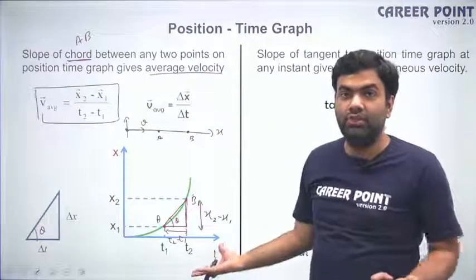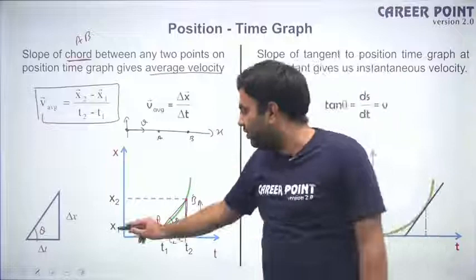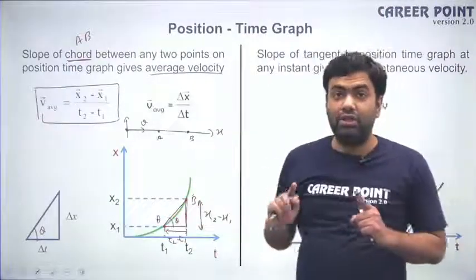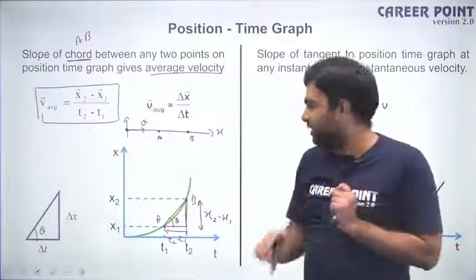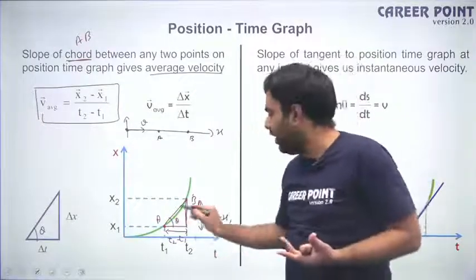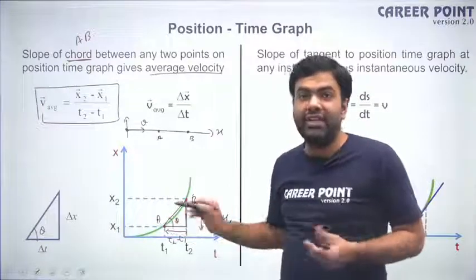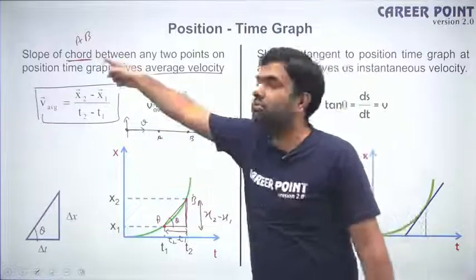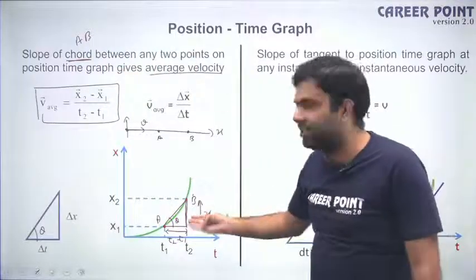So if we have this position time graph and we want average velocity between any 2 points, we are going to join these 2 points by a straight line, and the slope of that straight line, that is a chord, will give you the average velocity.